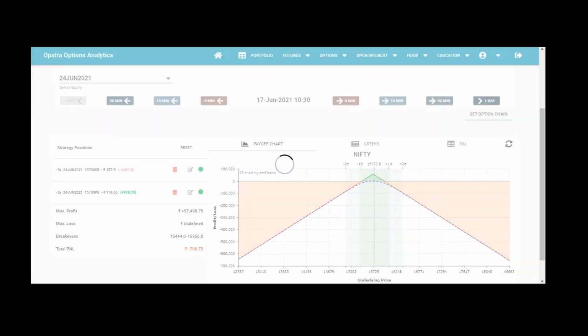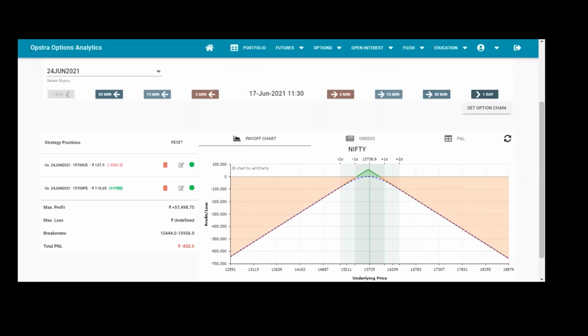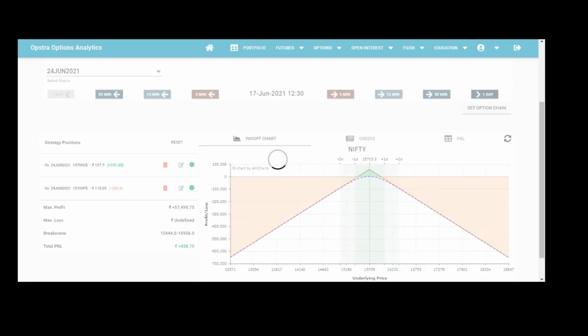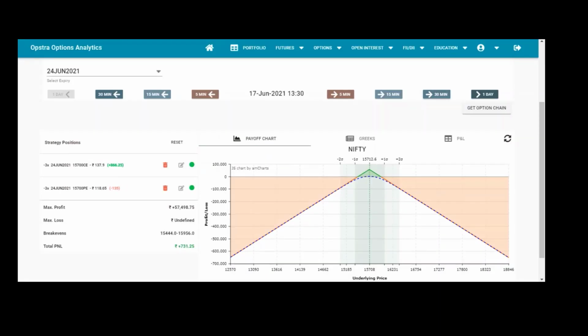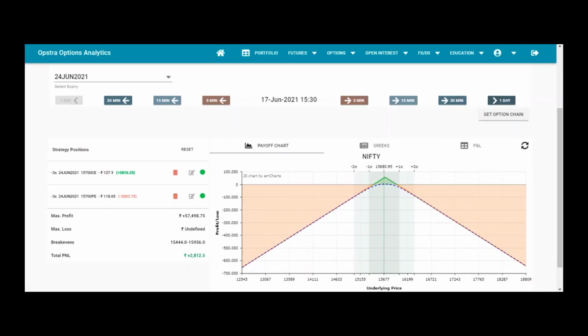I'll go 30 minutes ahead, and you can see here how the total PNL is changing. 33 rupees 700. So by the end of the day, on the 17th June, we are in the profit of 2,800 rupees. Okay, so let's go ahead. On the 18th June, when the market opens, we are in the profit of 8,800 rupees.